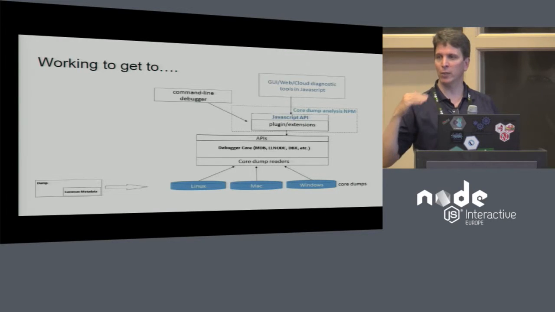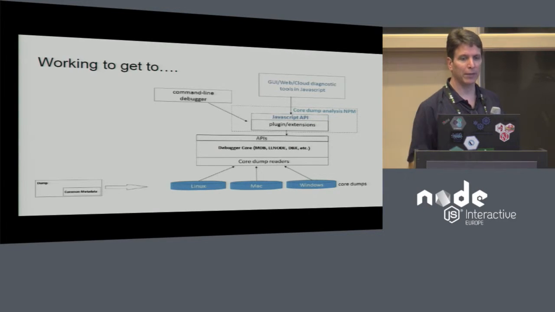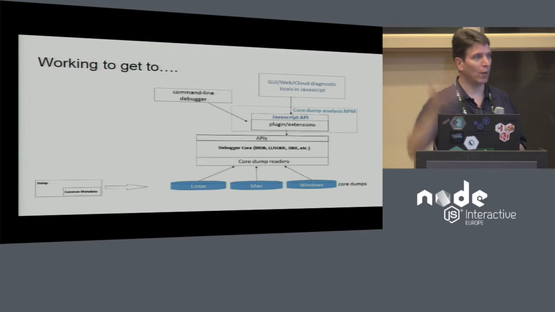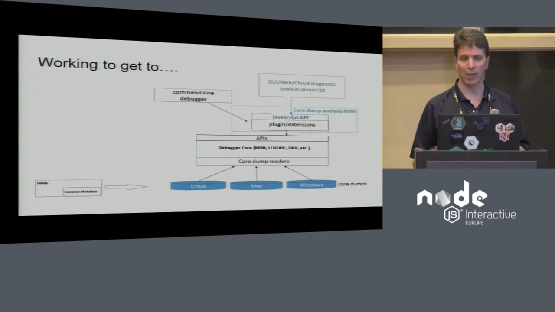Then on top of that, the debuggers will provide a set of APIs, so a C API. Built on top of that will be the JavaScript API, and you can then build web-type apps directly on top of that API without having to drop down into C code, for example. Hopefully making that a lot easier for people to write interesting NPM modules and other applications.